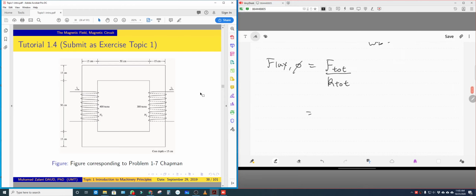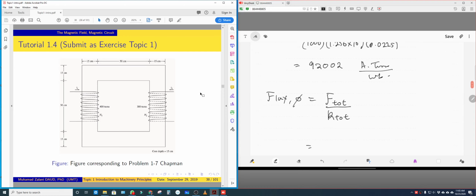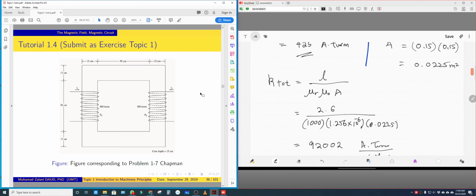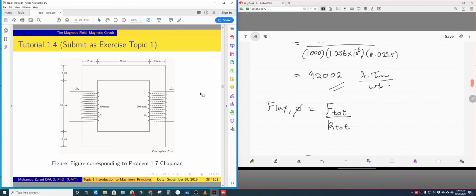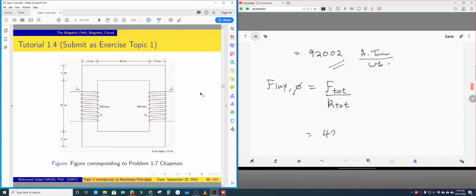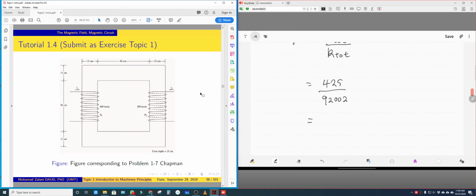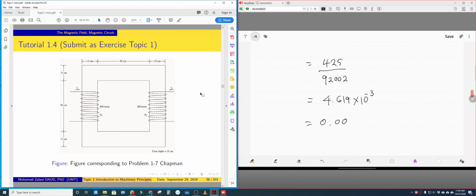So we have the total MMF, which is 425, and the total reluctance, so finally we get 4.619 times 10 to the power of -3, or 0.0046 Weber, rounded to 2 significant figures.